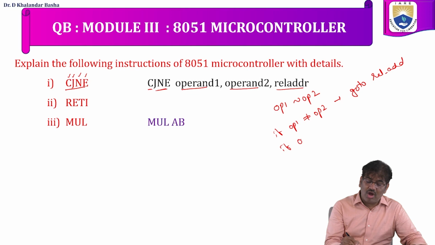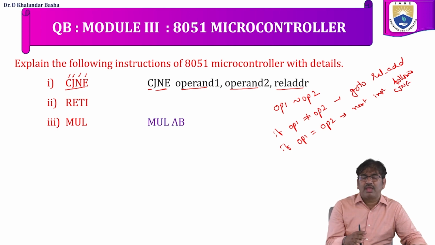If operand 1 is equal to operand 2, it executes the next instruction following the CJNE instruction. After comparing operand 1 and operand 2, if they are not equal, jump to the relative address specified. Otherwise, the instruction following the CJNE will be executed.